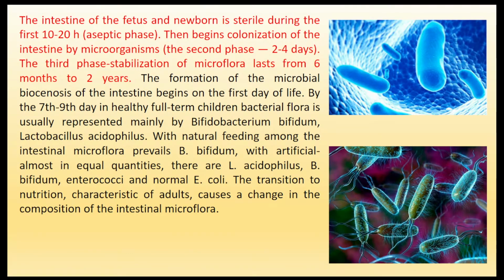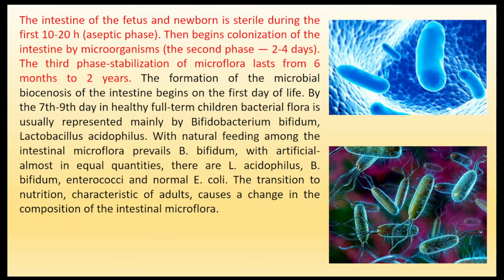The formation of the microbial biocenosis of the intestine begins on the first day of life. By the seventh to ninth day of a healthy full-term newborn, bacterial flora is usually represented by Bifidobacterium bifidum and Lactobacillus acidophilus.